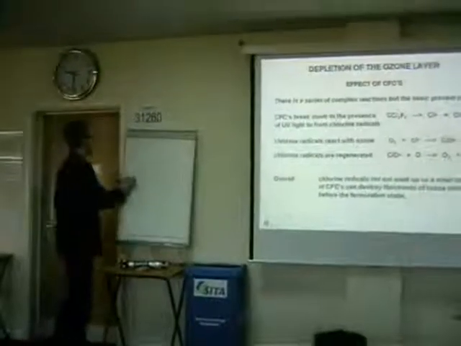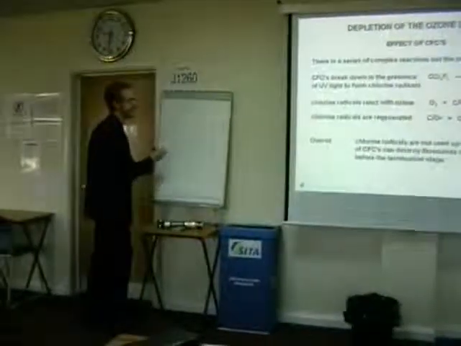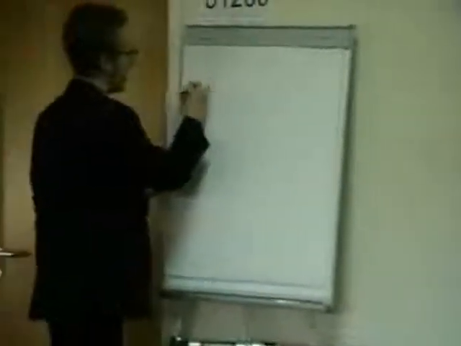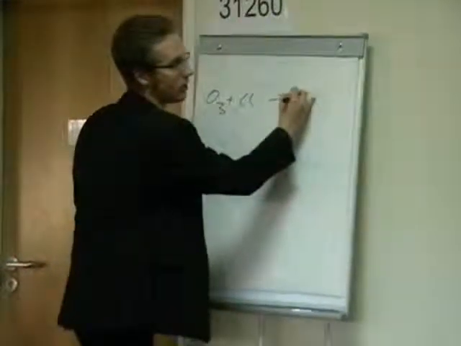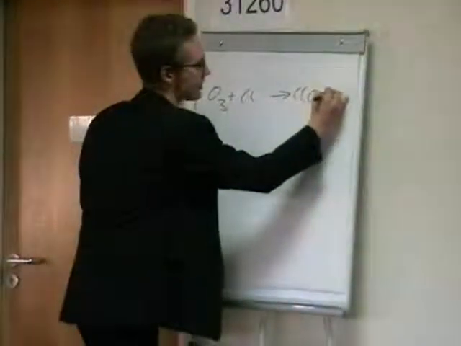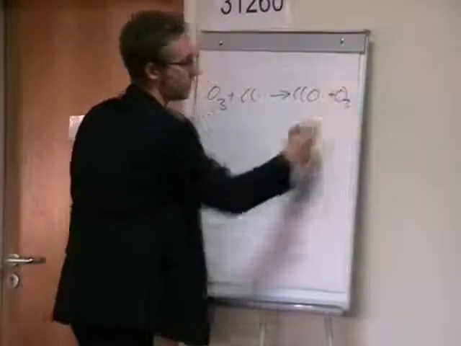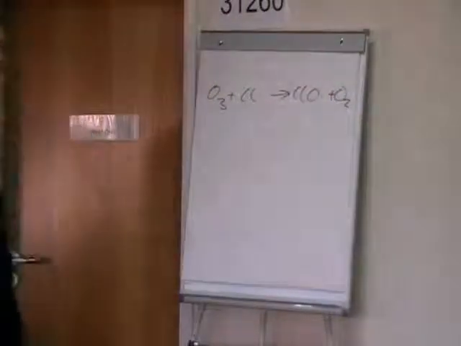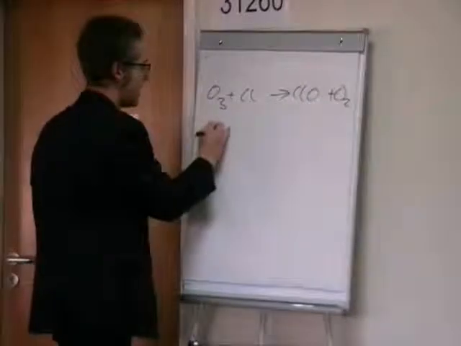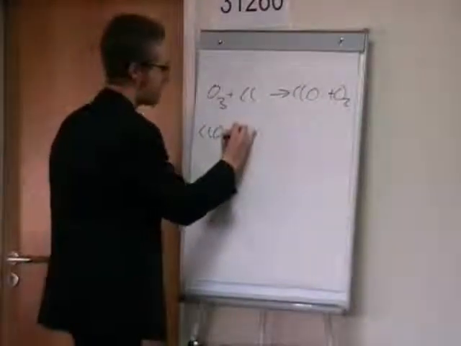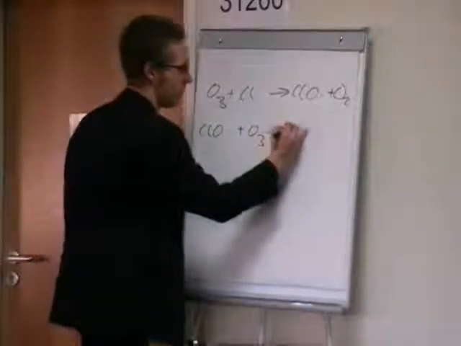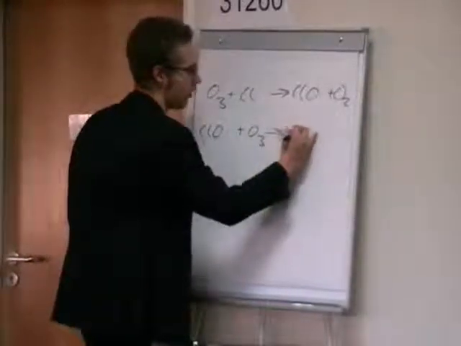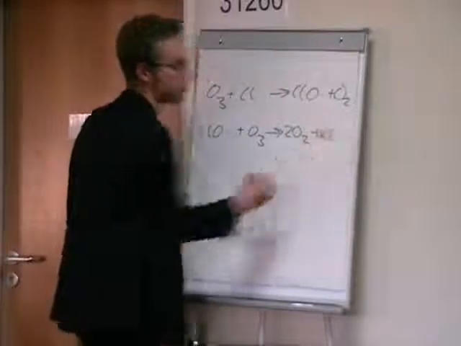O3 plus Cl dot goes to ClO dot plus O2. We happy with that? Yep. ClO dot plus O3 goes to 2O2 plus Cl dot.